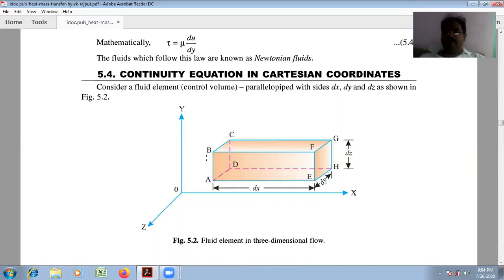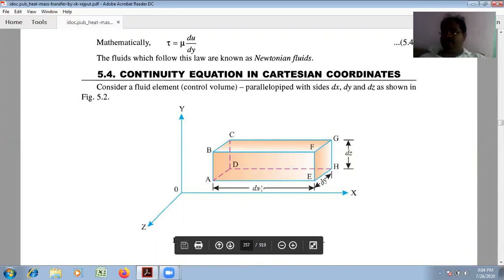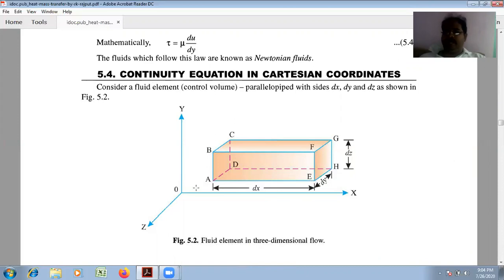Let us consider one rectangular block ABCD and EFGH, where AE is denoted by dx, then AD and BC and EF is denoted by dy, and GH or CD, the height along the Z axis, is denoted by dz.